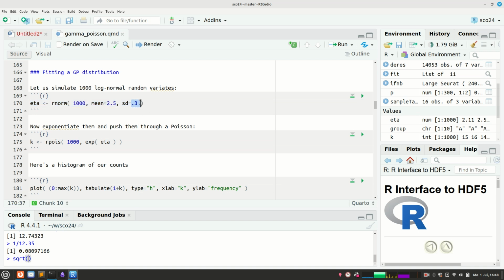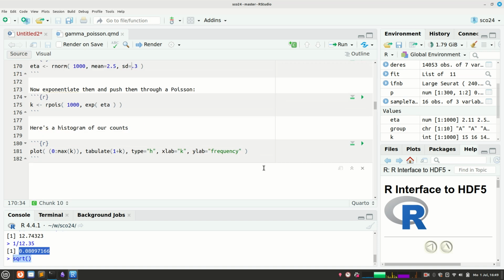And actually, the coefficient of variation of a log normal is the standard deviation of the underlying normal, so it is 0.3, and that's what we get back here. So 0.3 squared is of course 0.09, and alpha is in fact nearly 0.09.